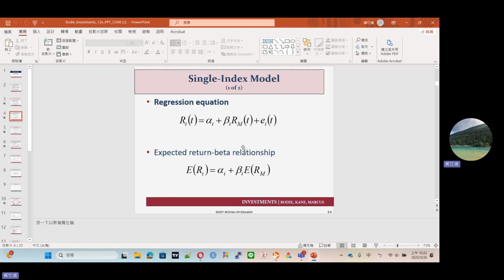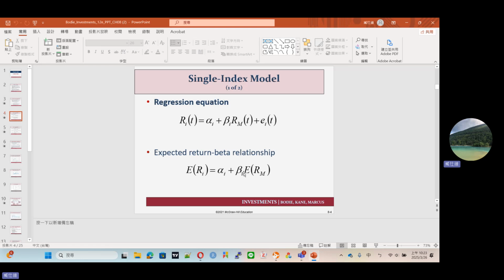So now we have a beta, and we can rewrite the linear regression here. Now we can derive a more formal formula. We call this the return beta relationship.